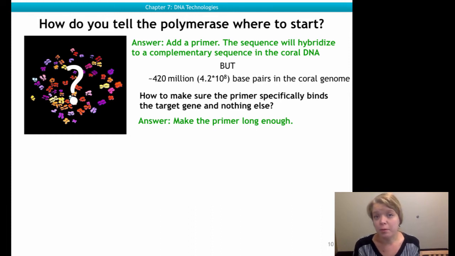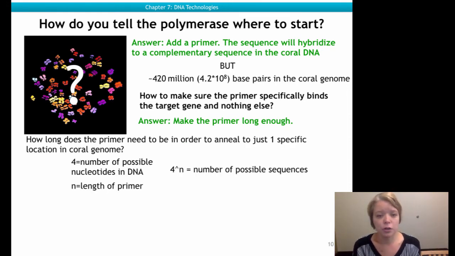You need to make a primer that's long enough. A 4-nucleotide primer is not good enough to specifically select one particular sequence out of 420 million base pairs of a coral genome. So if you would like to calculate the probabilities, that's basically the formula.